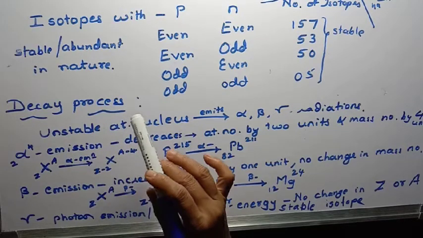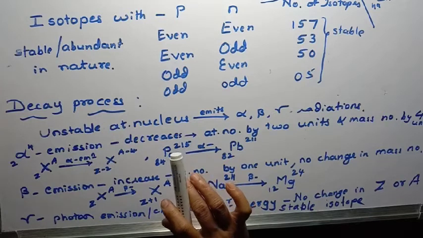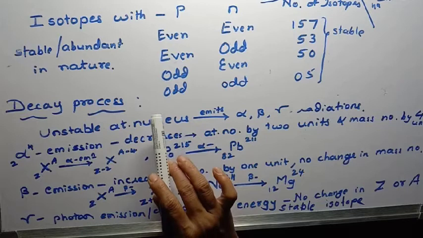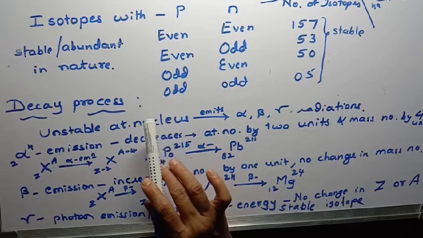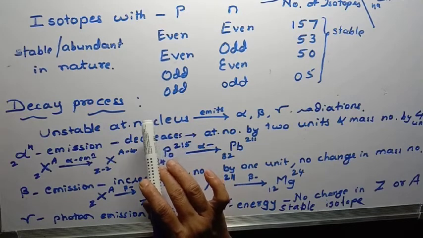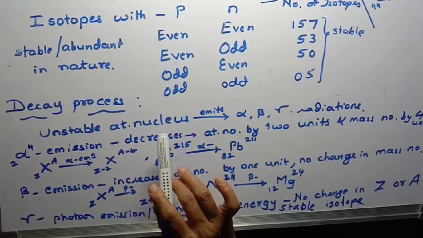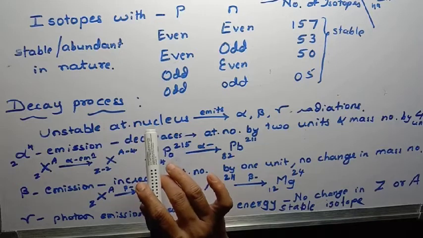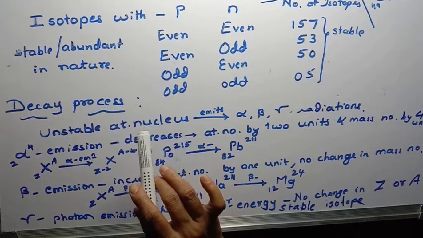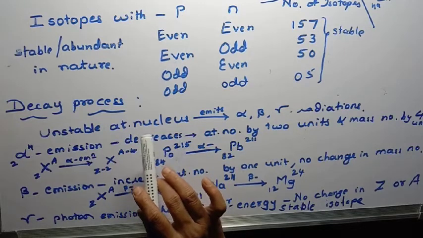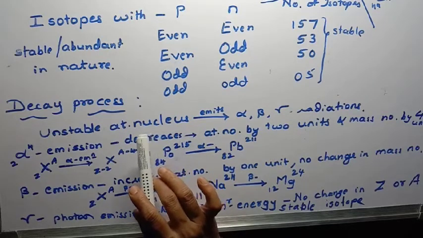So far you are familiar with the stability of the nucleus. Now, the decay process is when an unstable atom loses energy by radiation. An unstable atomic nucleus loses energy by radiation, and such nuclei are said to be radioactive elements.